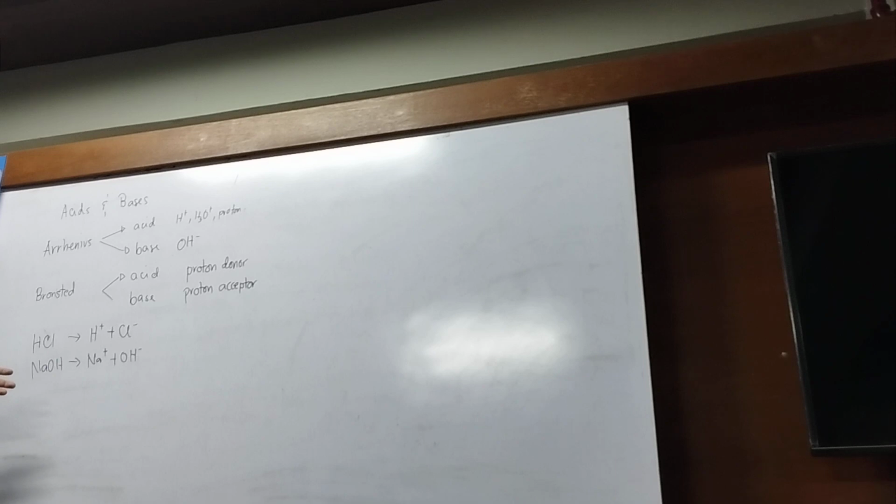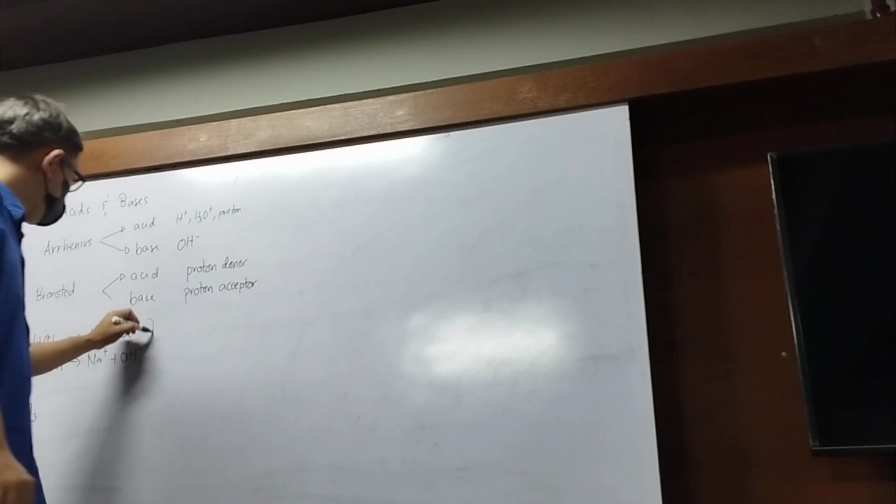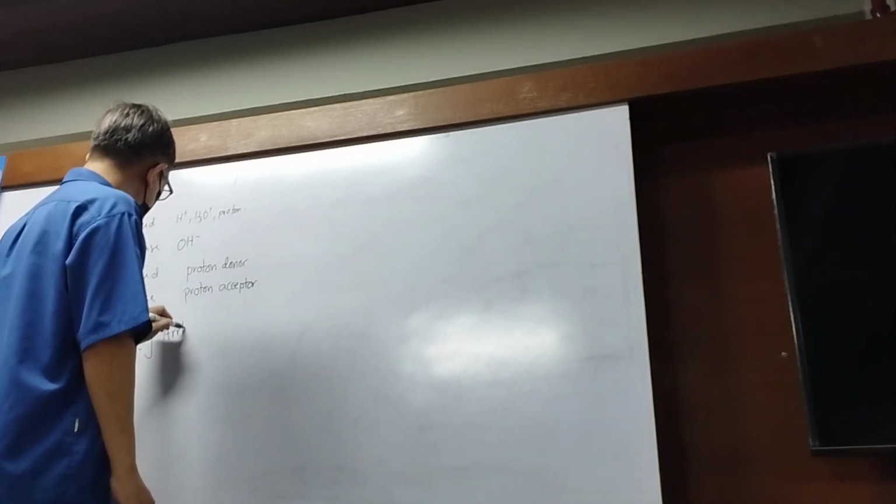But what if the solvent is not water? How do we define acids and bases? So that becomes more difficult, okay? So this definition covers the entirety of the different solvents. So let's just use water as a solvent. So NH3, again, this is the Bronsted definition.